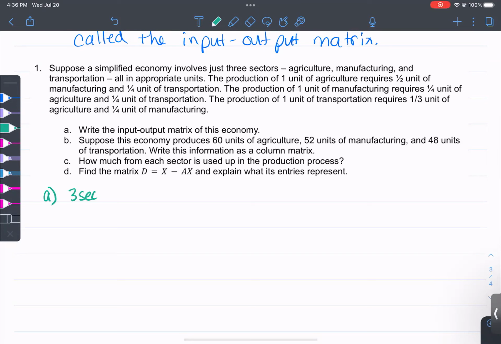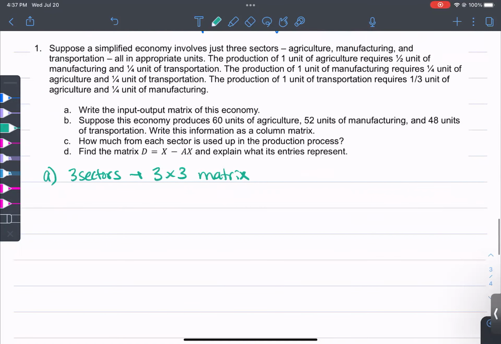So for this particular economy, there are three sectors. So we know that will create a 3x3 matrix. The 3 rows and the 3 columns will be labeled as the 3 sectors. So I'm going to choose the top, going across the columns of our matrix, to be the output of the agriculture.